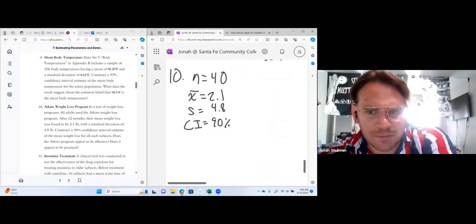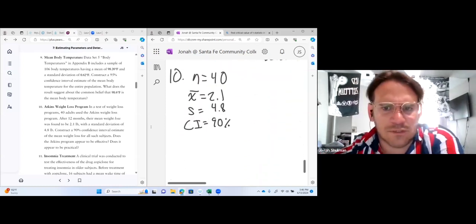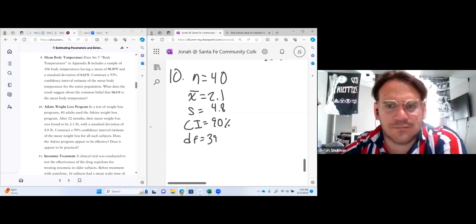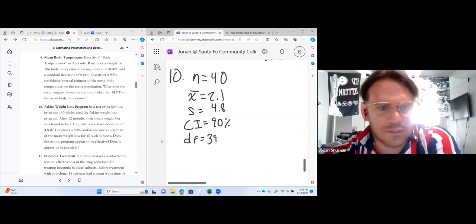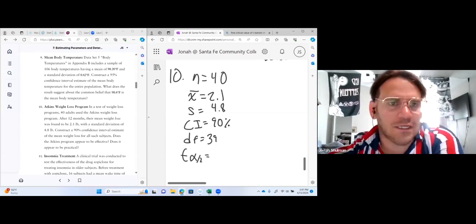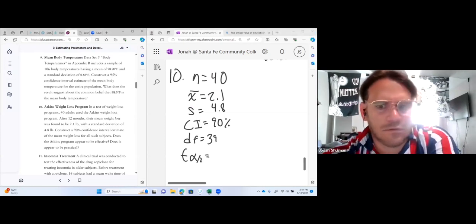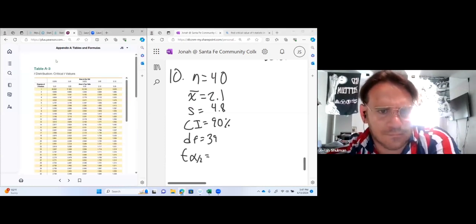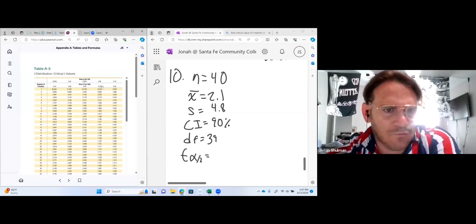So we know it's a 90% confidence interval. We have degrees of freedom of 39, right? The first thing I want to do, I can get this T statistic with 39 and 90%. So here we go for two tails, 90%. So we're in this fourth column.